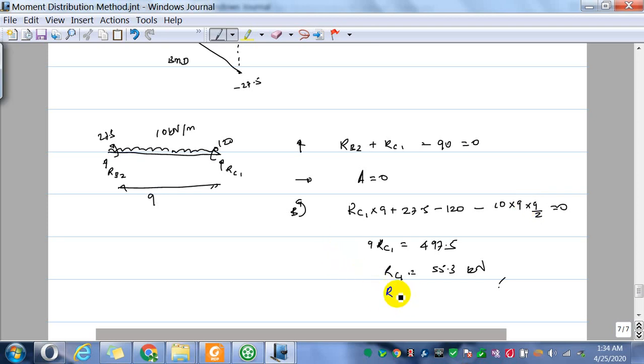Then RB2 is 90 minus 55.3, so that is 34.7.